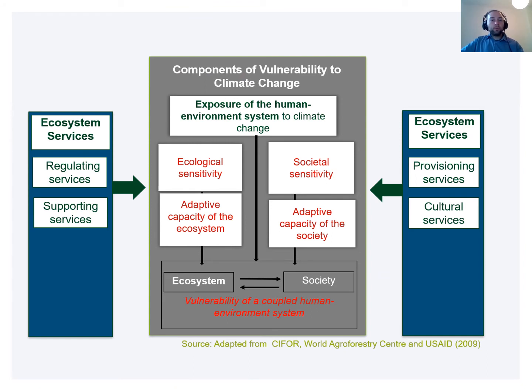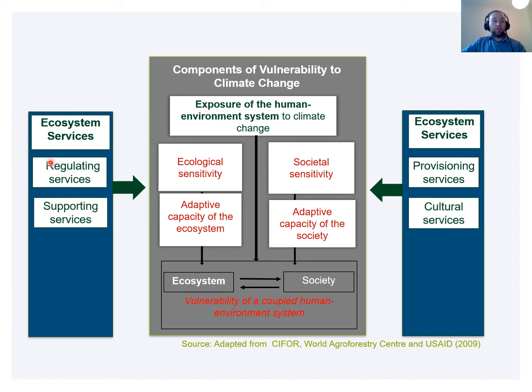When we talk about vulnerability, it's also important to talk about ecosystem services. Ecosystem services are services that ecosystems provide us in order to enable us to have a good, healthy and safe life.